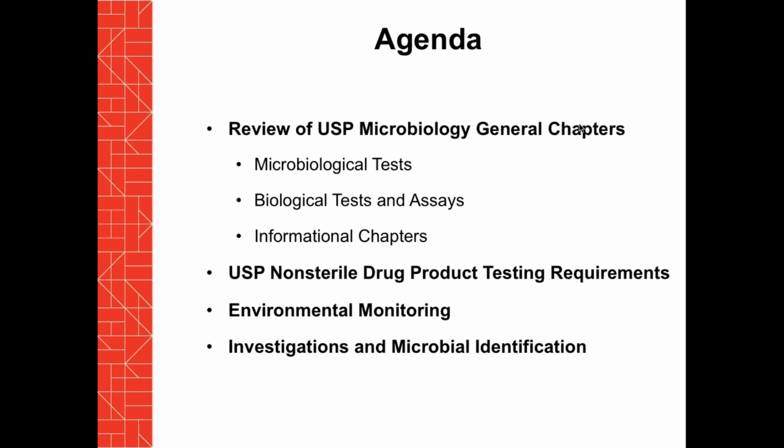We'll also be discussing the USP non-sterile drug product testing requirements, as well as the sterile drug product testing requirements. In addition to the traditional information, we are adding areas of environmental monitoring, and the investigation and microbial identification will be discussed and covered, as well as some good literature references provided for your use at a later date.